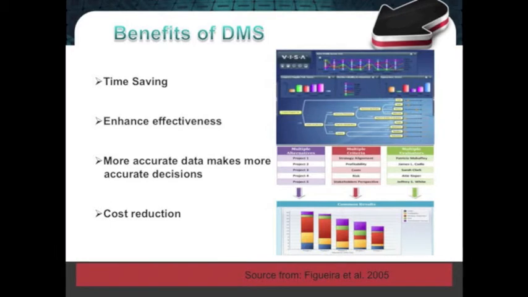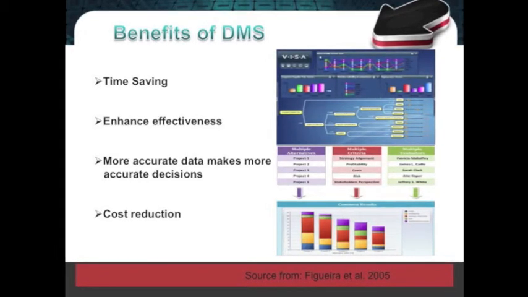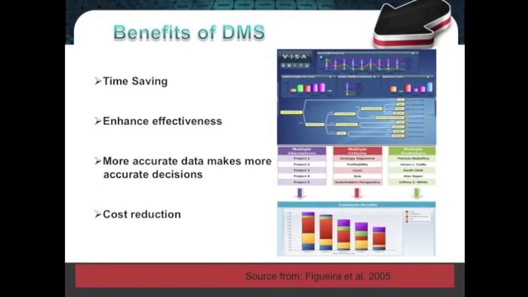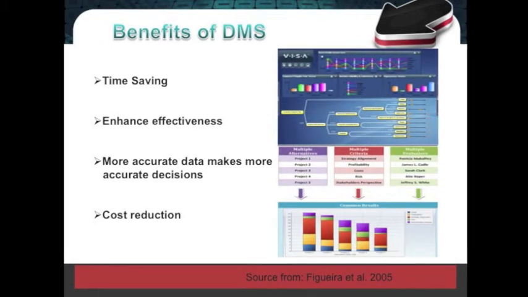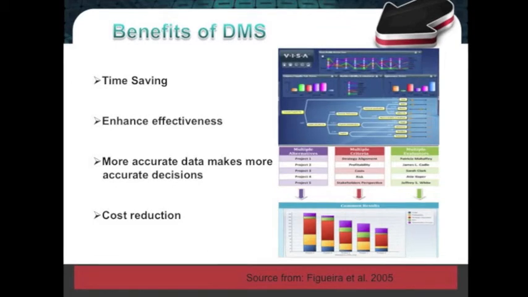Now we would like to systematically introduce some benefits of decision-making software. The very first benefit is time saving, as the decision maker reduces decision cycle time so that productivity is increased. The second benefit of decision-making software is that it can enhance effectiveness.